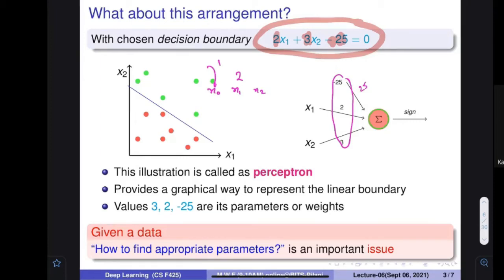Whenever a database table is given to you, you add one attribute from your side and put its value to be 1.